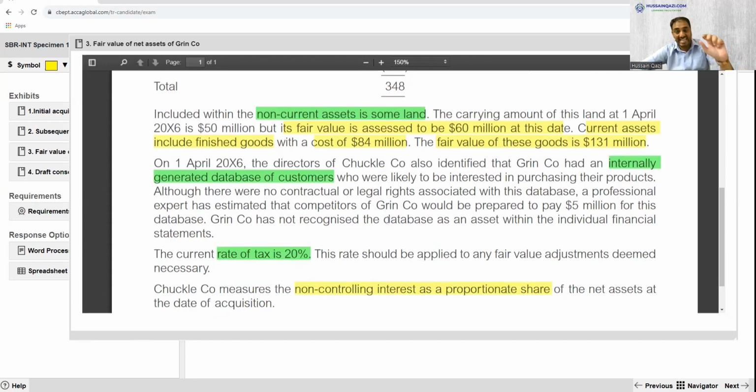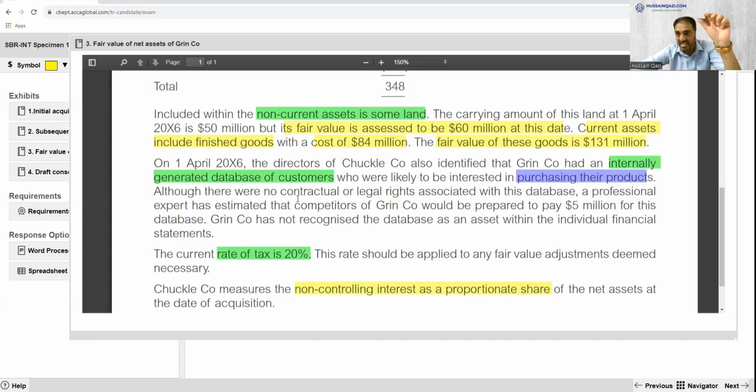And don't forget, here the examiner particularly mentioned to also incorporate deferred tax adjustment. If the examiner does not mention deferred tax adjustment, ignore deferred tax. Furthermore, at 1st April X6, directors of Chuckle company also identified that GRIN company had an internally generated database of customers who were likely to be interested in purchasing their products.